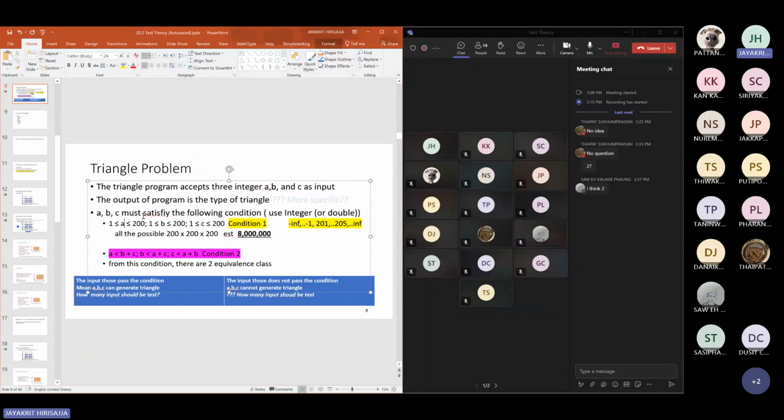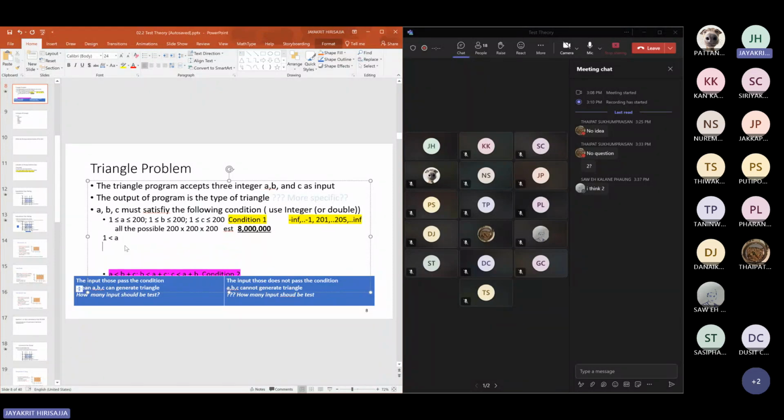But if we have something like A is larger than 1, for integer, it's okay. A must be 2 or 3 or 4, right? But if it's a double, can A be, how about this?